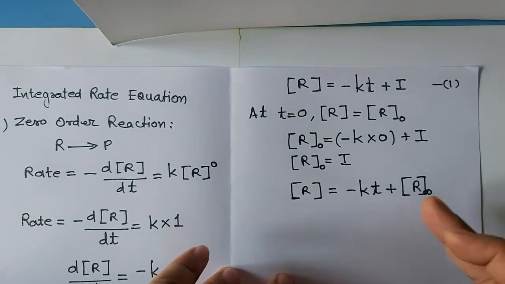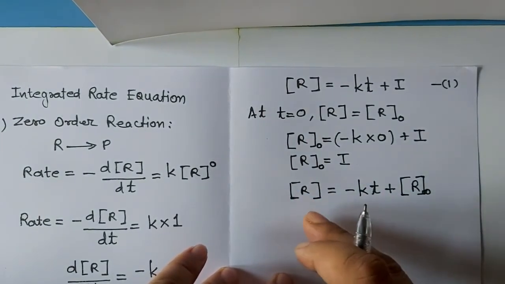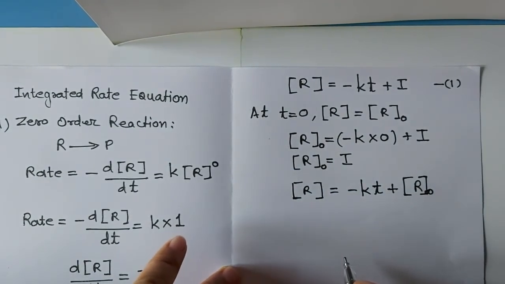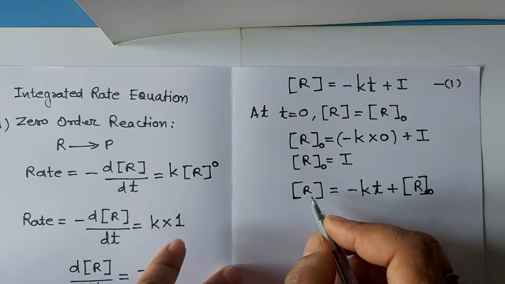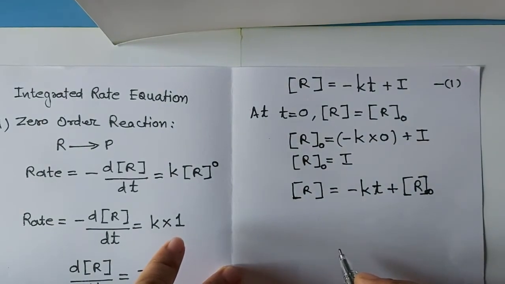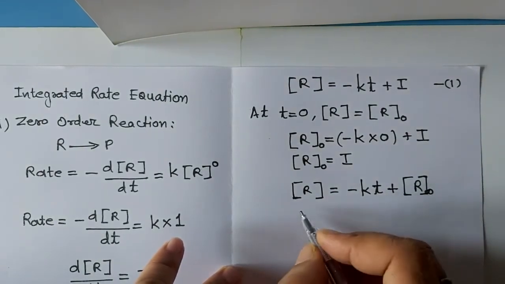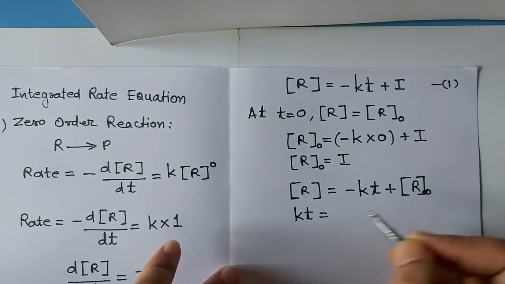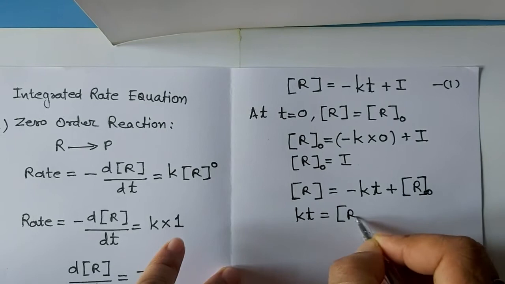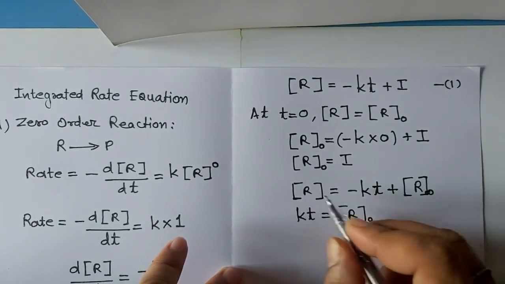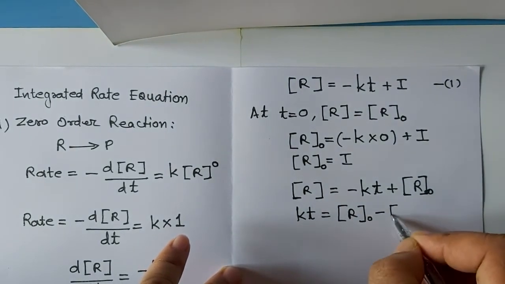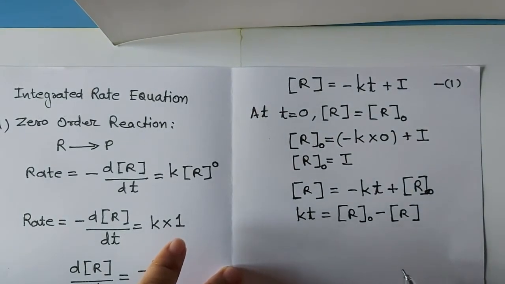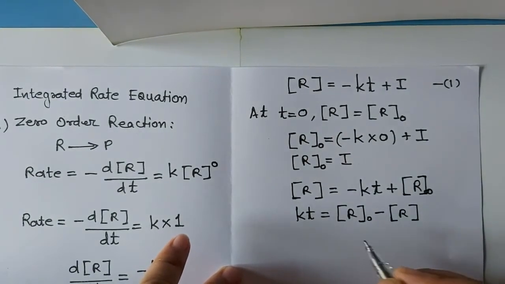It will become plus kt, and moving the concentration of reactant at time t to the other side, it will become minus R. So we have this value.